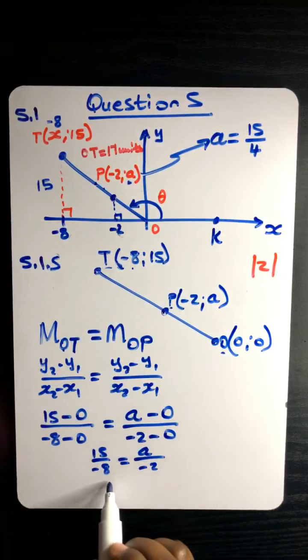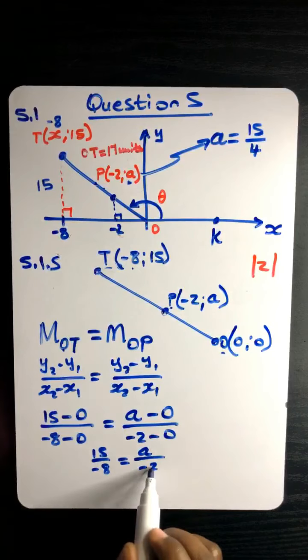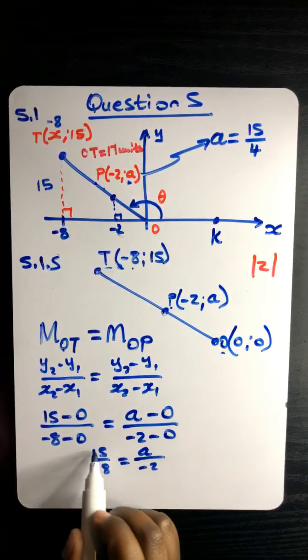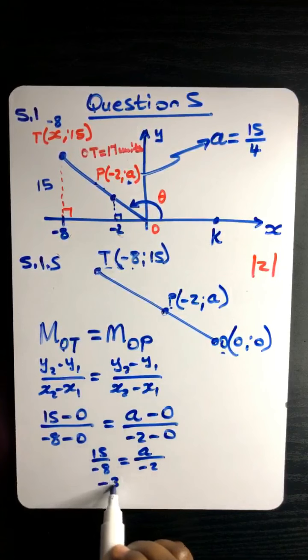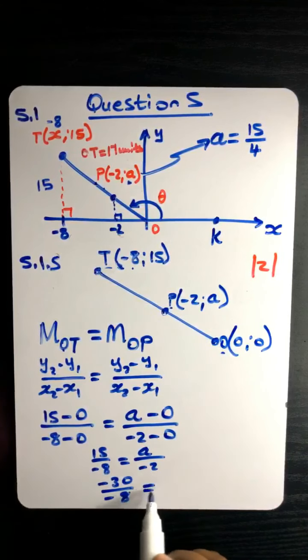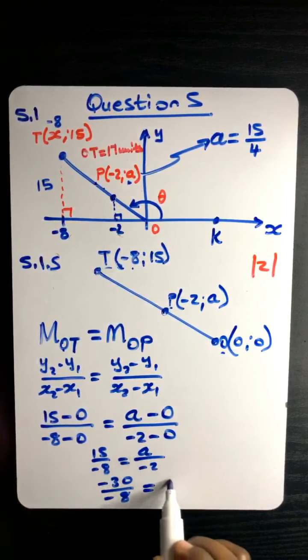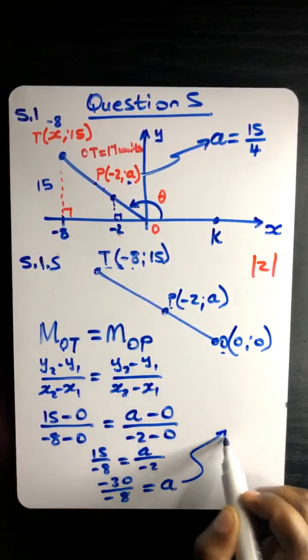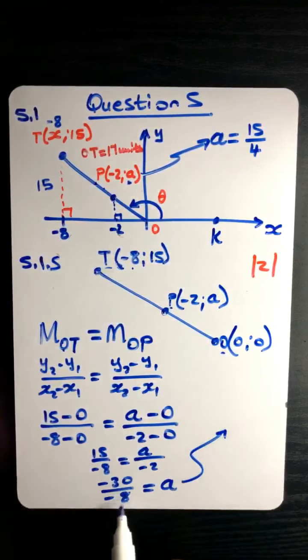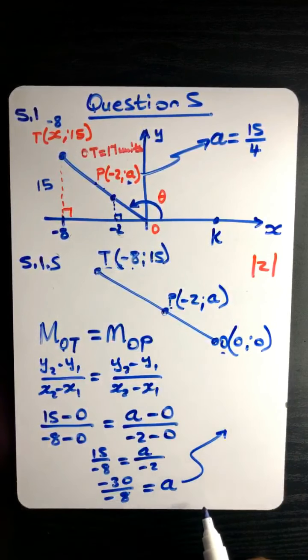So you have negative 2 times 15, so you actually have negative 30 over negative 8. This is going to be equal to a. So what is negative 30 over negative 8? It's 15 over 4.